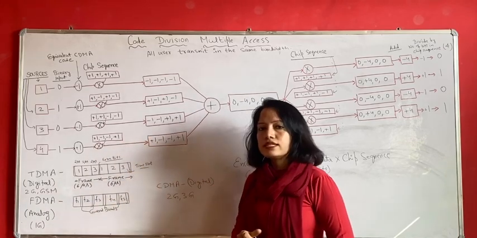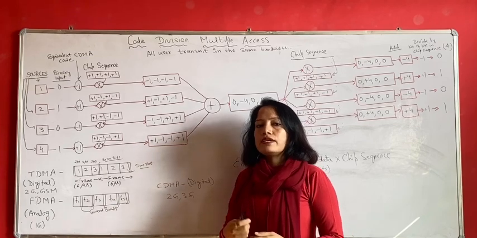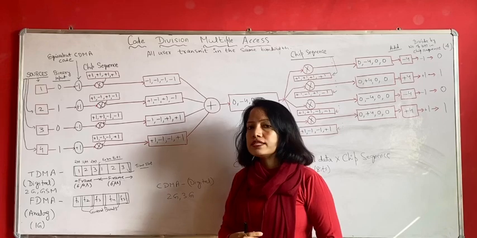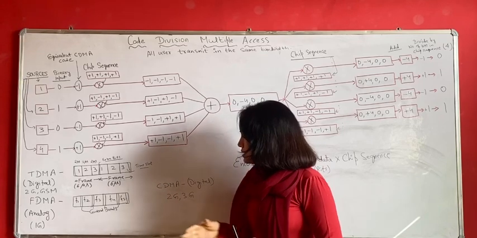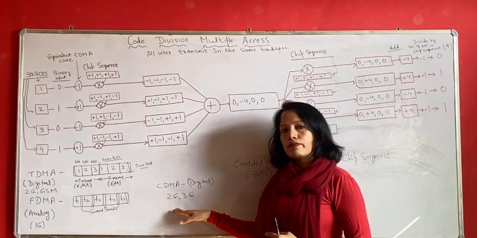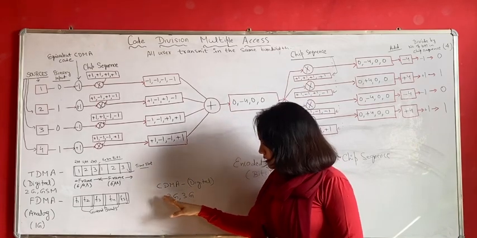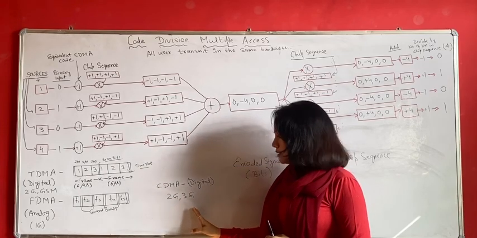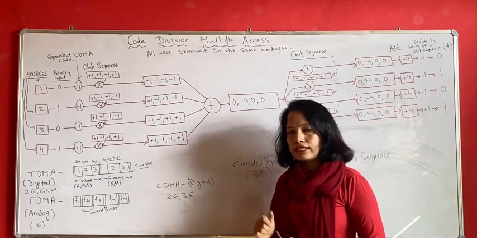So this is TDMA. Now the next very important technology is CDMA, which is Code Division Multiple Access. This is a very important feature which started in the second generation mobile communication system and continued in the third generation mobile system as well. As I told you, it is digital in nature.